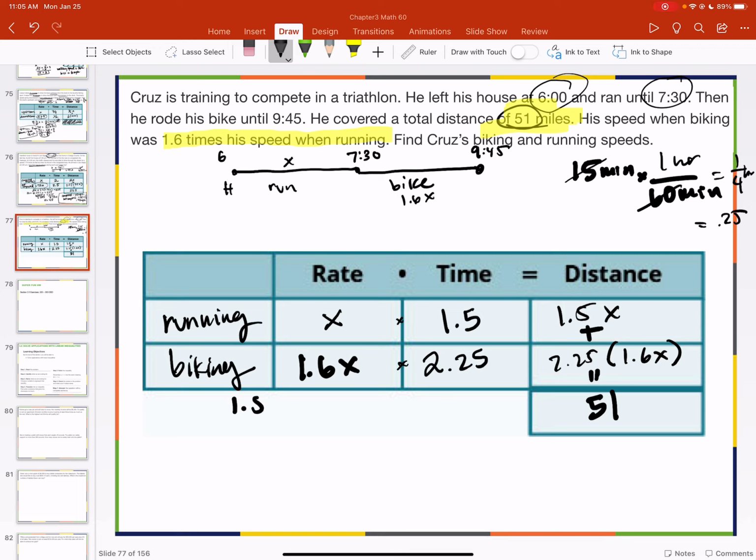So let's go ahead and write that down. 1.5x plus 2.25 times 1.6x, or 1 6/10 x, is equal to 51. Basically you have to do the same calculation. You multiply 2.25 times 1.6, right? So then we get 1.5x plus, remember to write line by line.